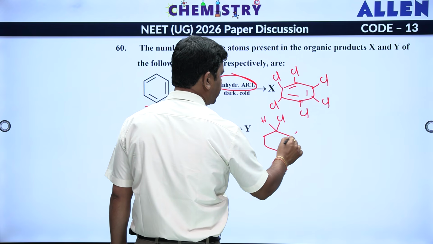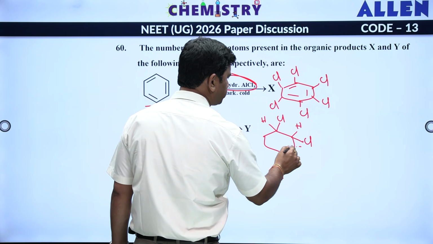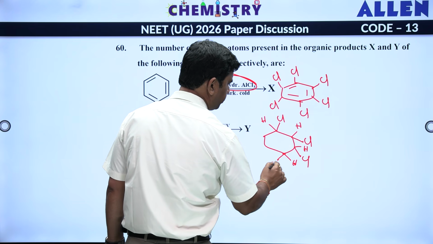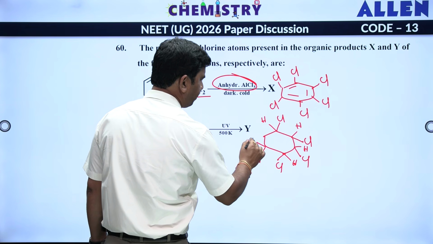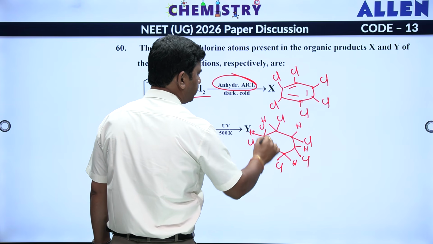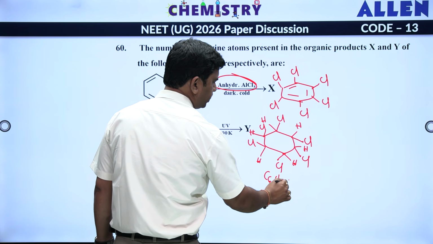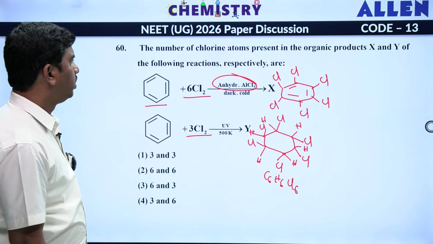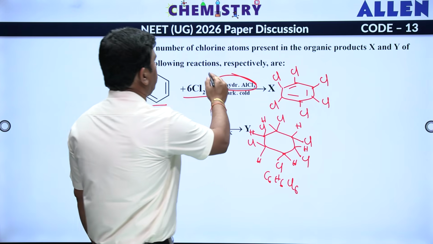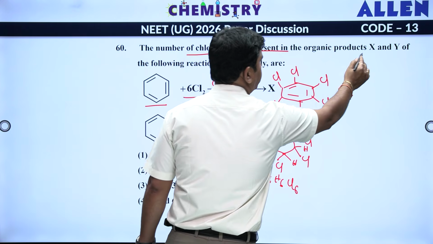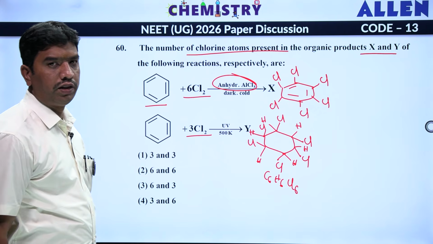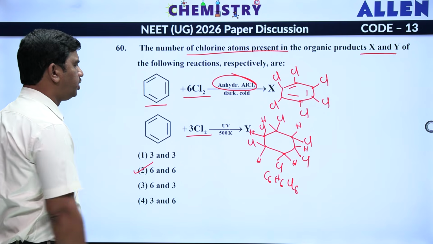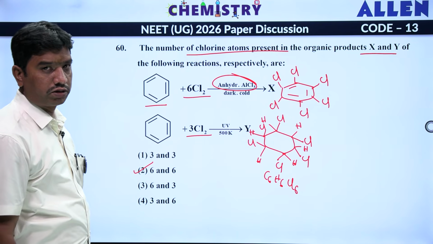So 6 chlorines are added to 6 carbons in benzene. Like this, C6H6Cl6. This is only gammexane. Anyhow, they are asking the number of chlorine atoms present in the products of X and Y. There also 6 chlorines, here also 6 chlorines. So 6 and 6, option 2 is the answer for the 60th question.